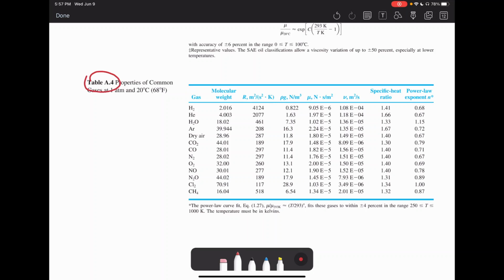From table A4, we find that for air, we have a value of 1.49 times 10 to the minus 5 at 20 degrees. Okay, we're going to use dry air.